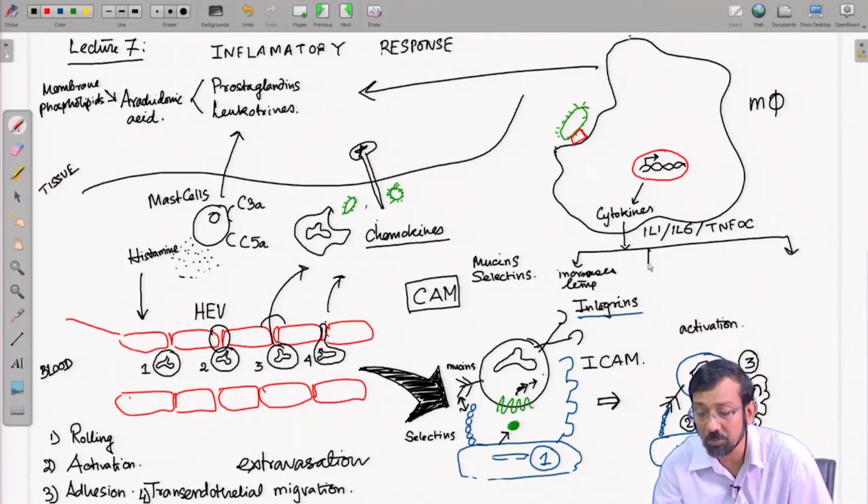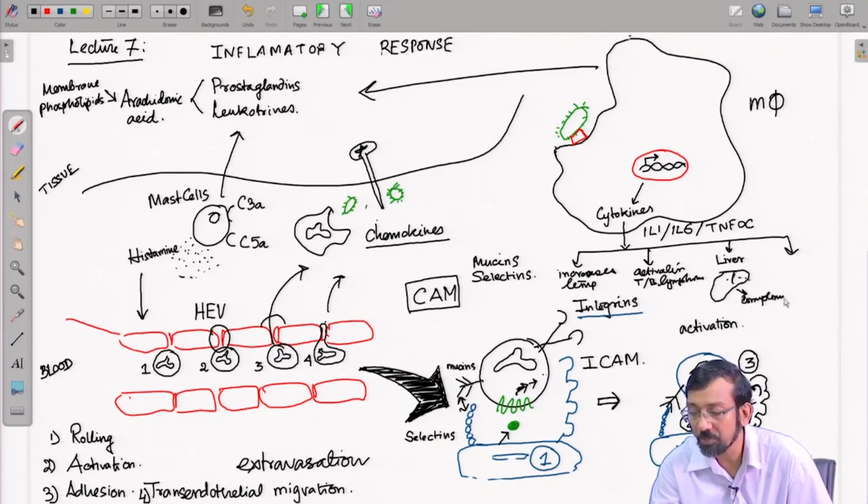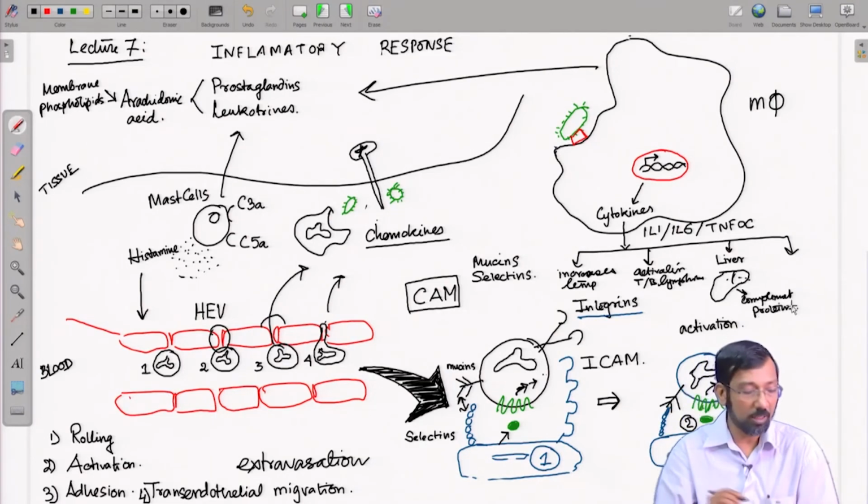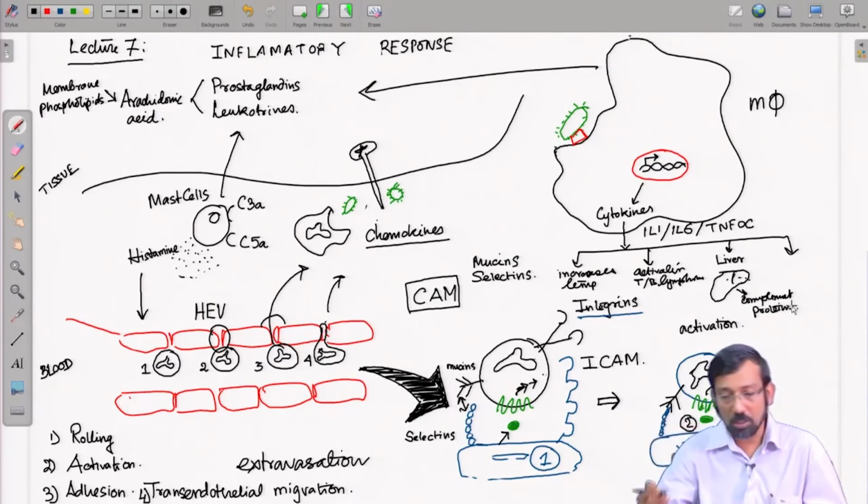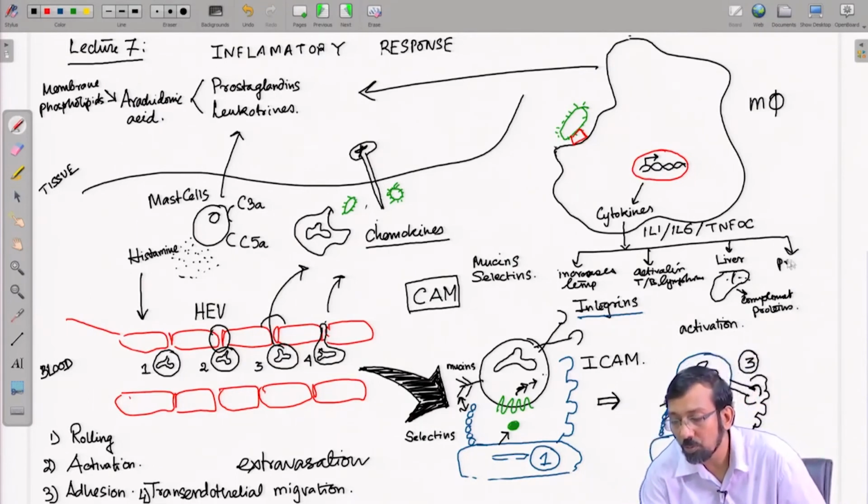They activate the T and the B lymphocytes, activate the liver to produce more proteins like the complement proteins, and they also increase the production of neutrophils.